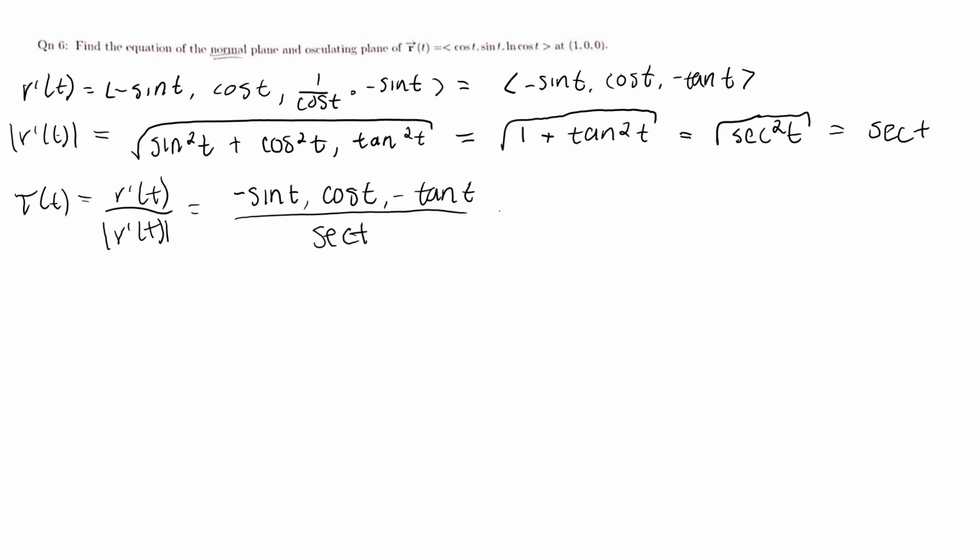Since secant is just 1 over cosine, we flip it, so everything is multiplied by cosine. So we end up getting negative sine t cosine t, cosine squared t, and negative sine t as our answer.